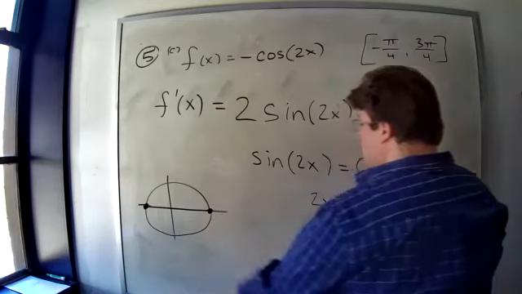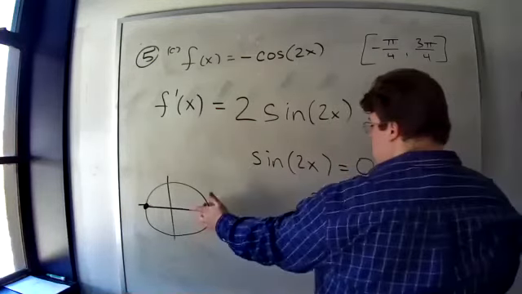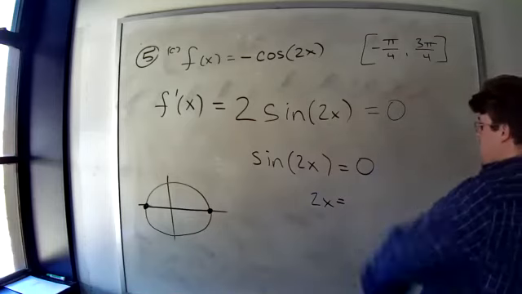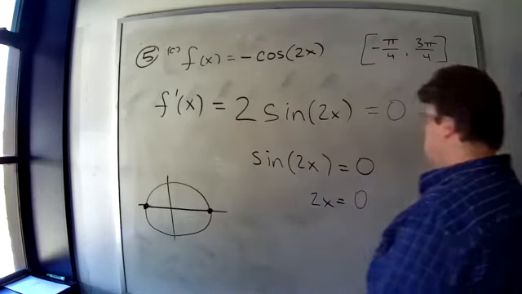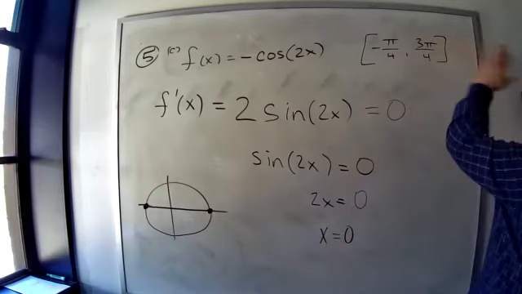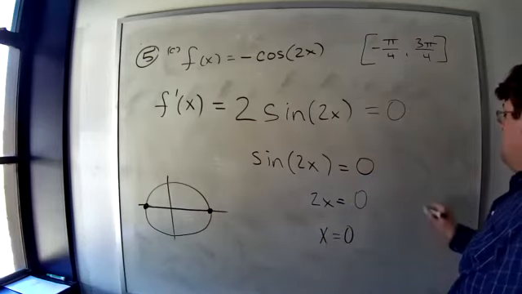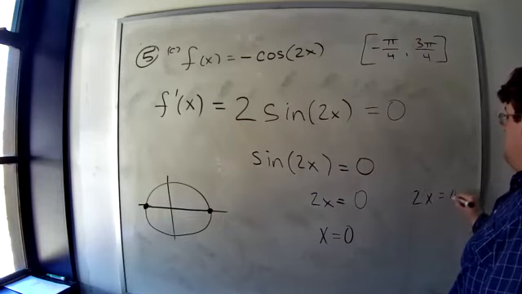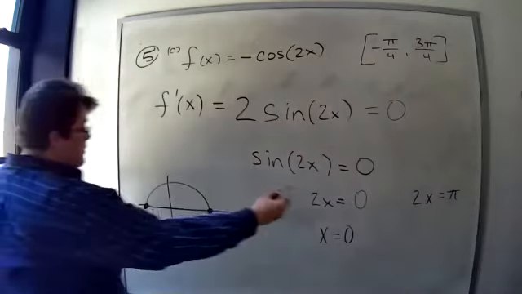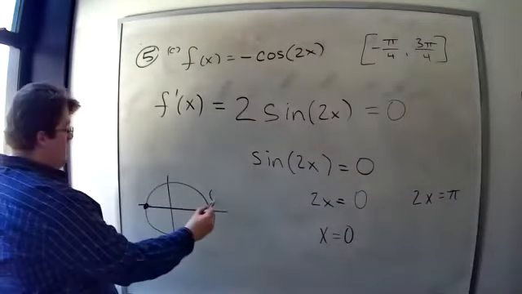So first, if the inside is angle 0, then sine of that will be 0. So set that equal to 0. You get x equals 0, which is within that interval. So angle 0 must be considered.